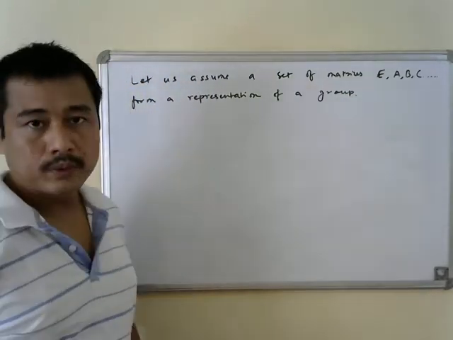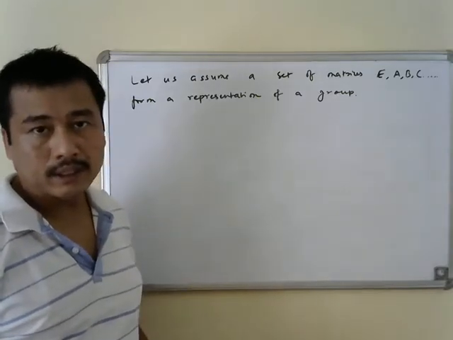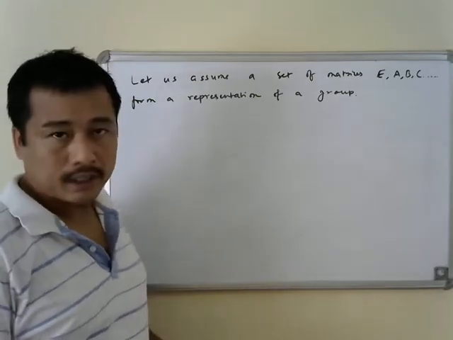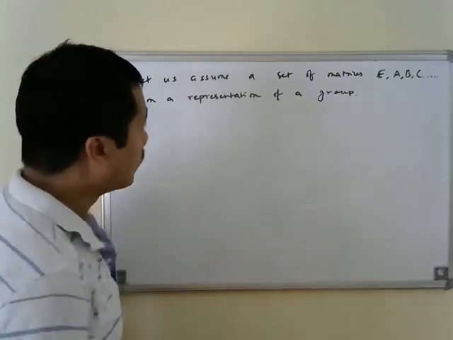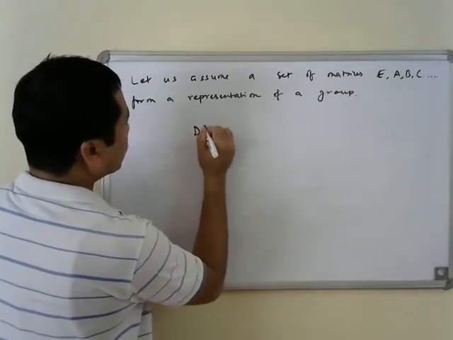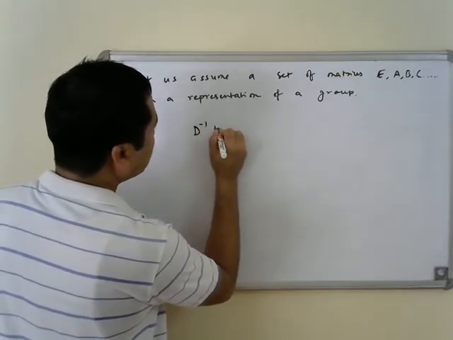Now if we do a similarity transformation on all of these matrices, using a matrix D, we can do the similarity transformation by D on all of these elements.